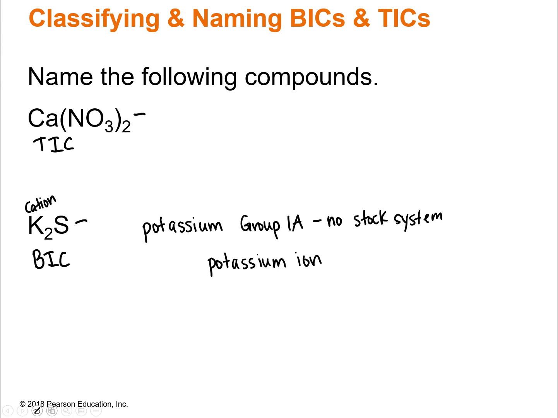Next, we're going to have the anion. And that's sulfur. We're going to get rid of everything that isn't that root and replace it with IDE.